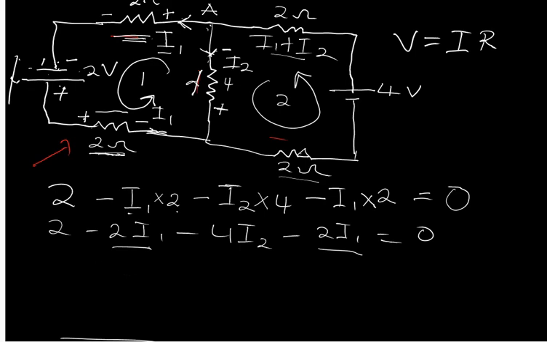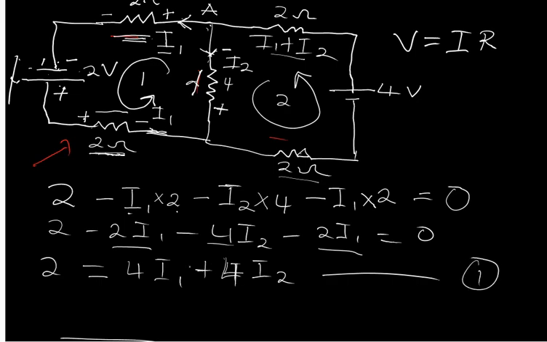I want to express it in the form of an equation, so I will take the variables to the other side: 2 is equal to minus 4I1, and if I take it to the other side, that will be plus 4I1. Then I'm left with minus 4I2, which on the other side will be plus 4I2. I call this equation 1. So loop 1 has yielded equation 1 for me. This is KVL for loop 1.